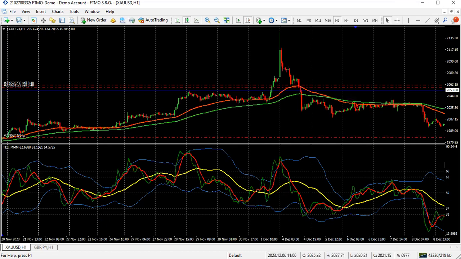It is one of the most underrated points of perspective that's not talked about. It's not taught. A lot of people teach indicators, but the indicator is only as good as the one that's using it.